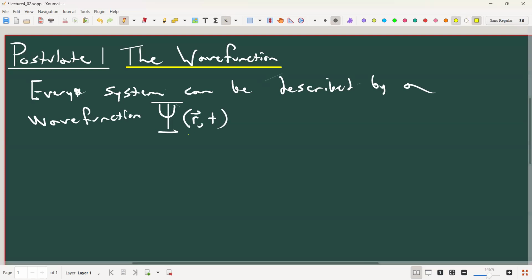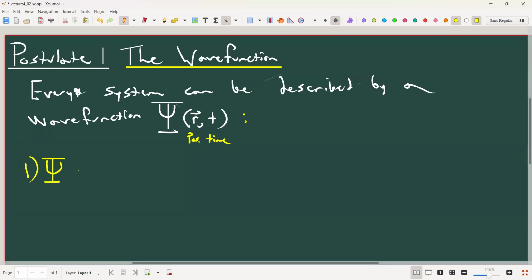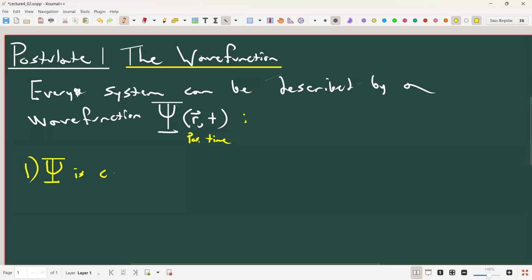Position and time. And it has some properties. One, psi is complex.